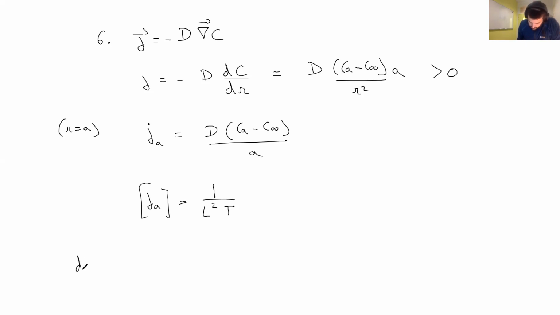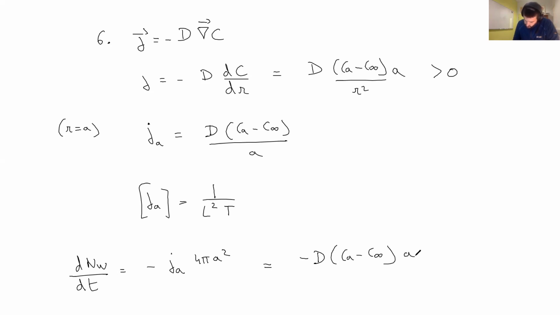So dN_water over dt, which is the variation of the number of molecules of water due to the diffusive process, is equal to minus this loss, so minus J_A, integrating over the whole surface, but it's a radial flux, so it's simply this product. And so I end up with minus D (C_A minus C infinity), multiplied by A and 4 pi.